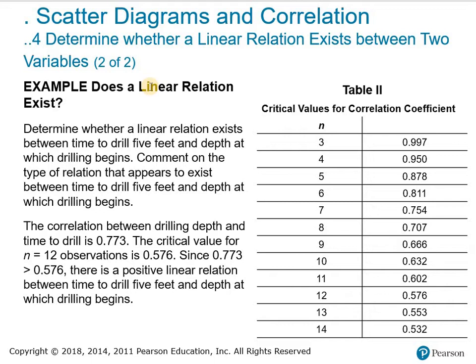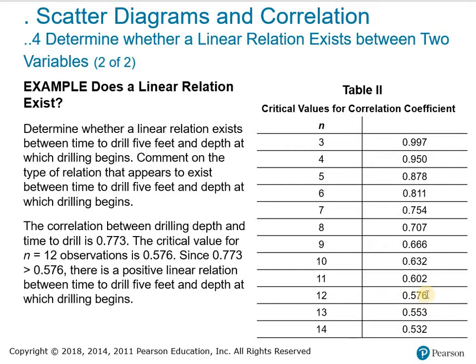As you can see, we computed the correlation coefficient between the two variables, and it happens to be 0.773 approximately. The critical value, this is the absolute value, of course. It was positive, but the absolute value is going to make it for sure positive, even if it was negative to begin with. The critical value, as you can see, our sample size was 12.